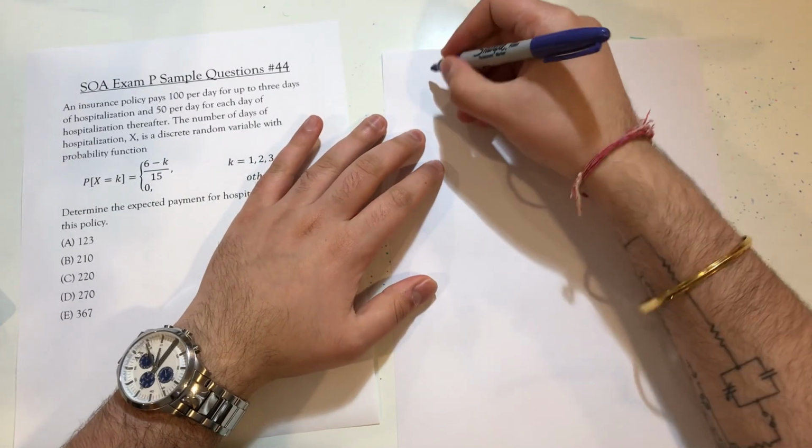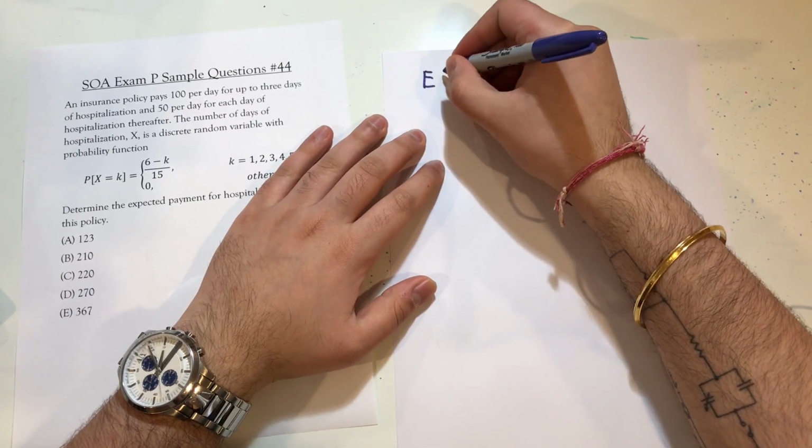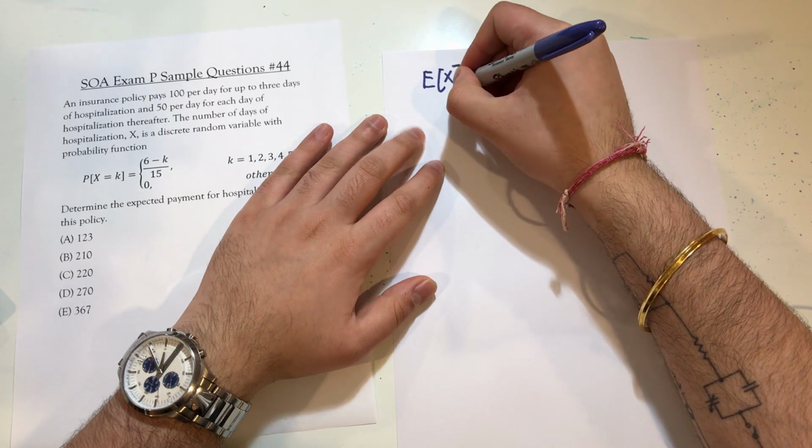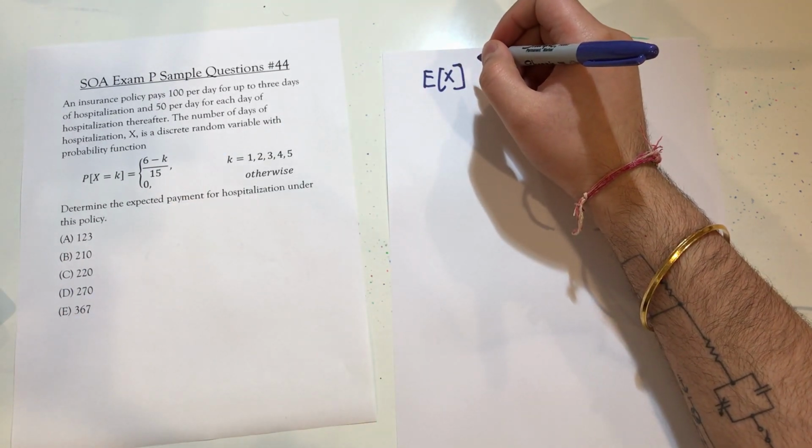The expected value of a random variable x, right, should be the sum.